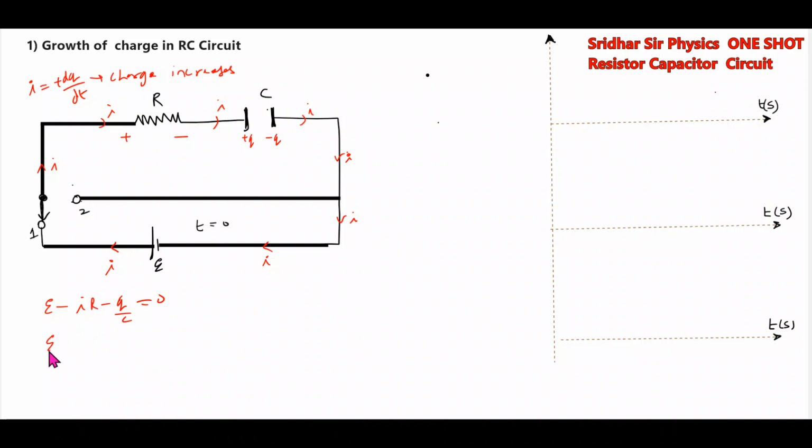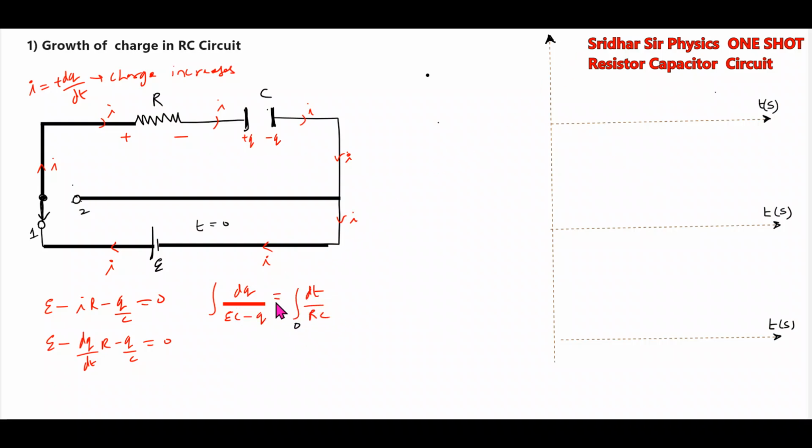So therefore, here we'll replace I as dQ by dt. Everything will become an integral of dq, dt by RC.